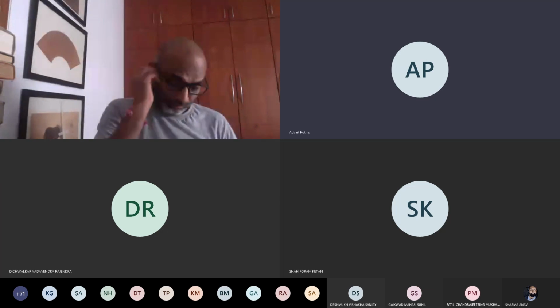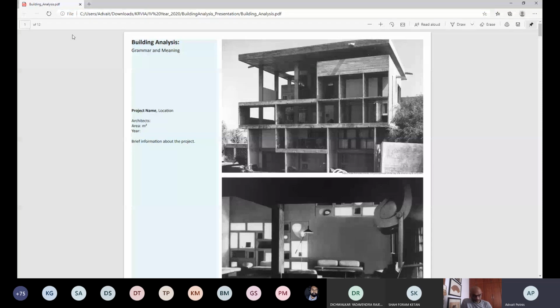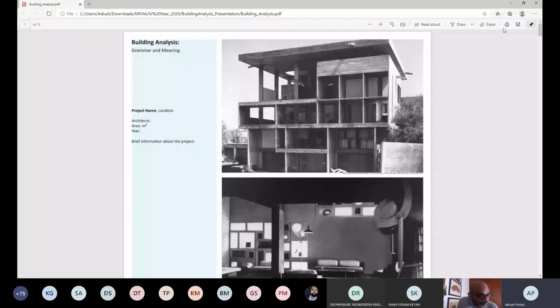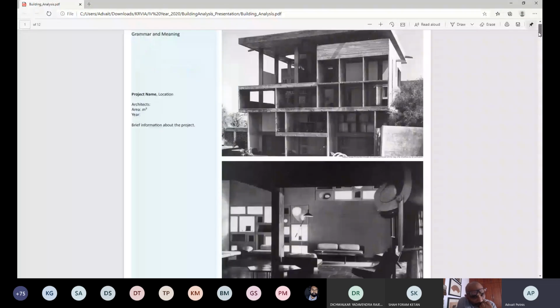Okay. Can you see this? Yeah, we can see. I'm not able to do full screen here. I don't know why. Okay, I may have opened it. Anyway, I will just scroll it down here.